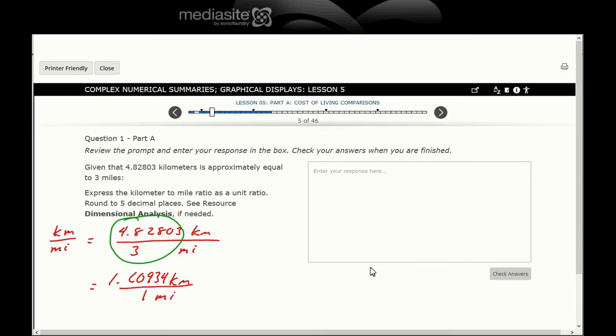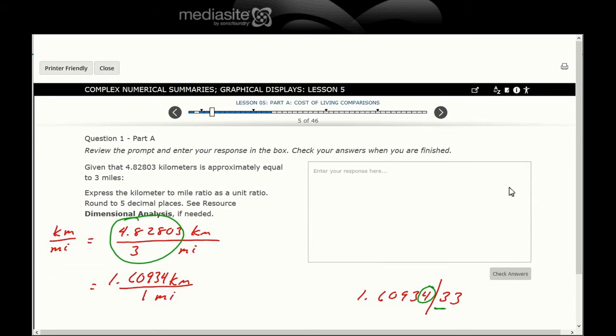1.60934. It's actually 3. Go up further, some additional decimal places, but if I look at the 6th decimal place it is 3, so I will not round a 4 to a 5.